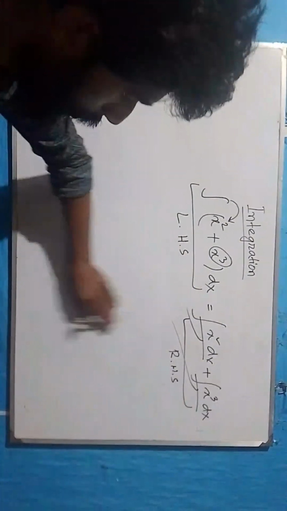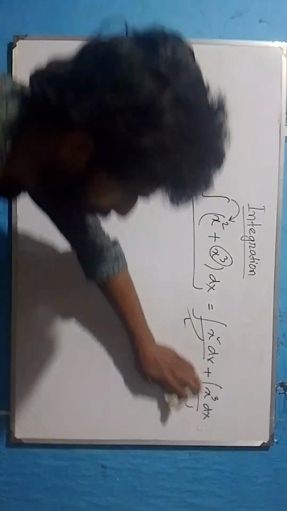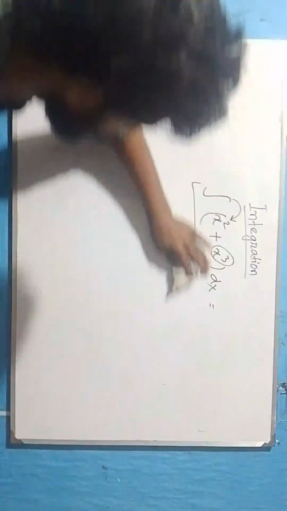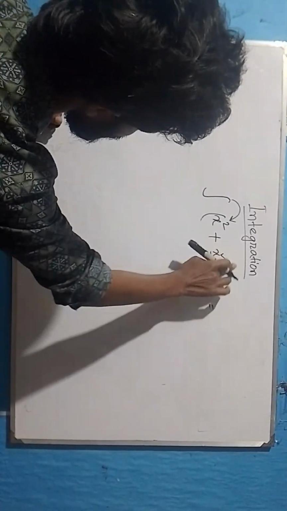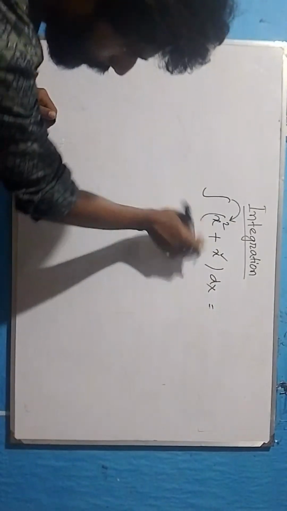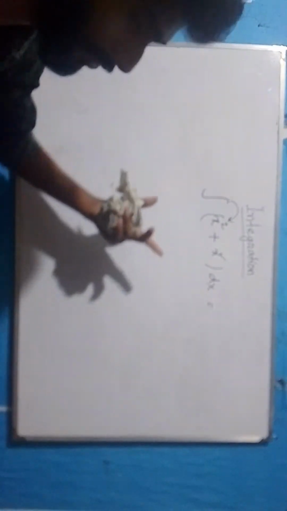But I want to show you something different here. That is, if we can add these two functions, let this is not cube, this is also x square. Now you can add up this x square and this x square and you will get 2x square.